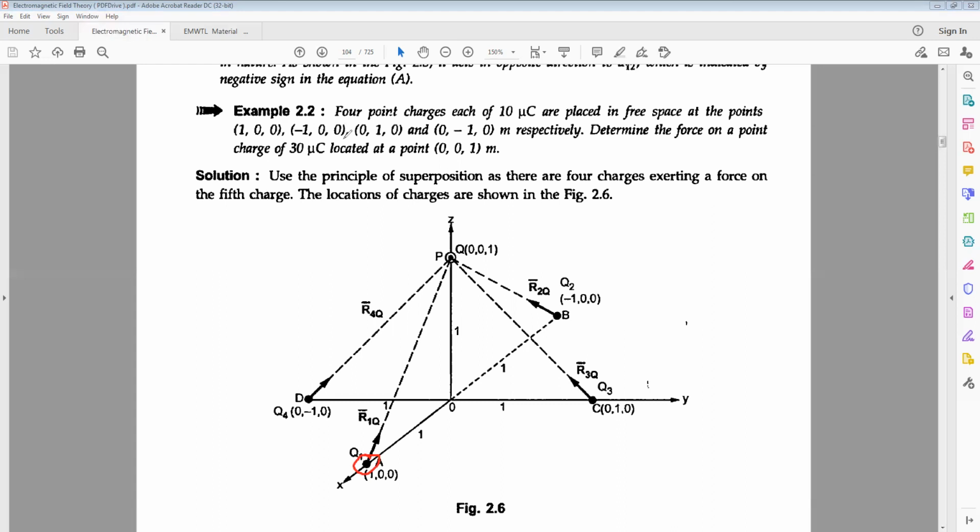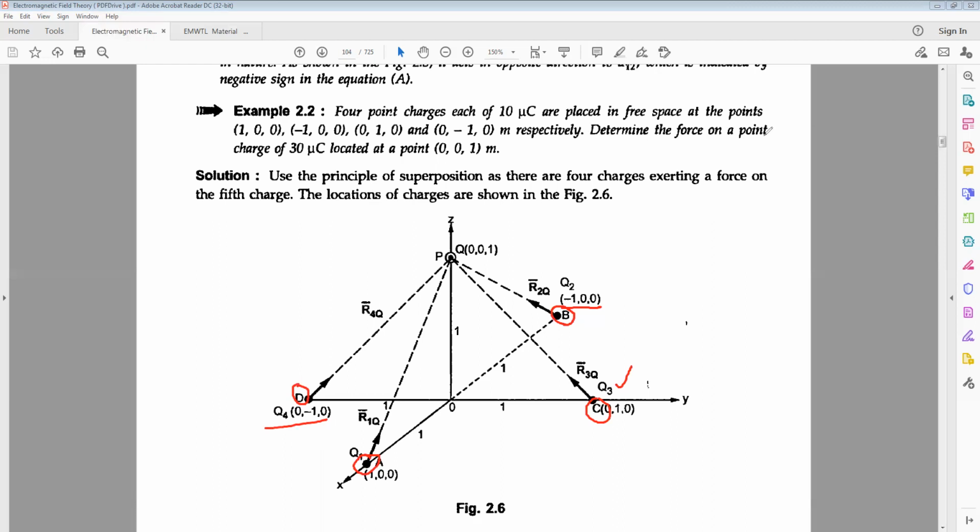And minus 1, 0, 0 is at Q2, let it be B. The 0, 1, 0 is C, let the charge be Q3. And 0, minus 1, 0, the point is D, the charge is assumed to be Q4. The units are in millimeters, respectively.